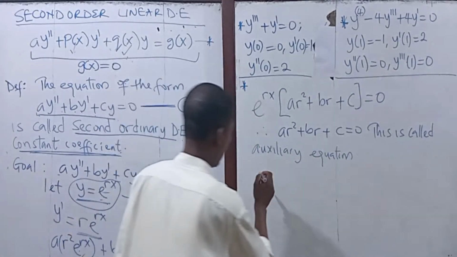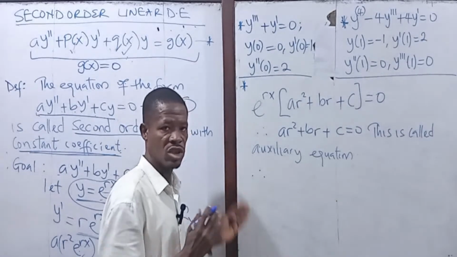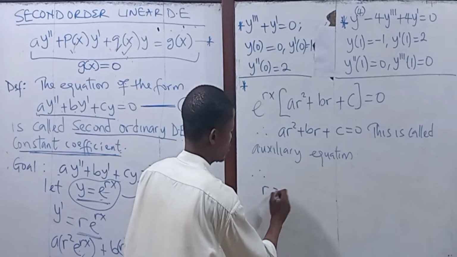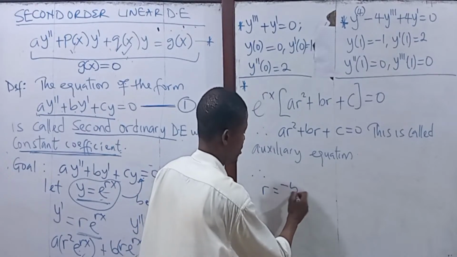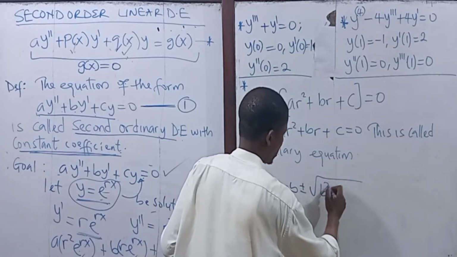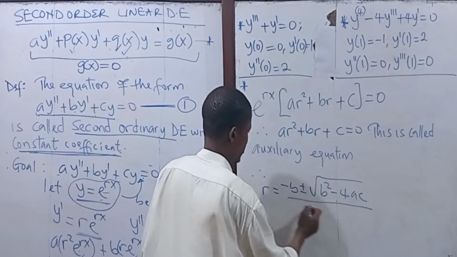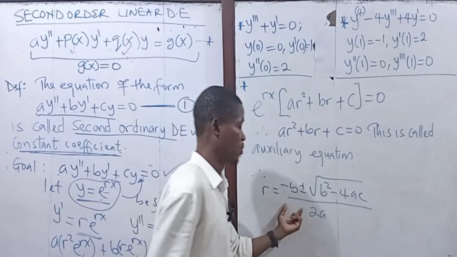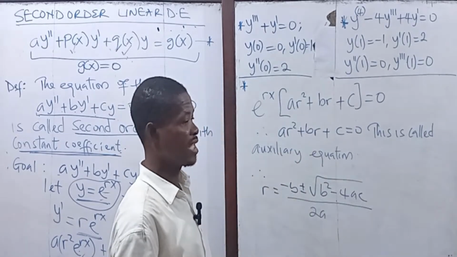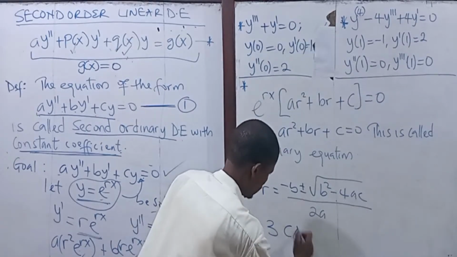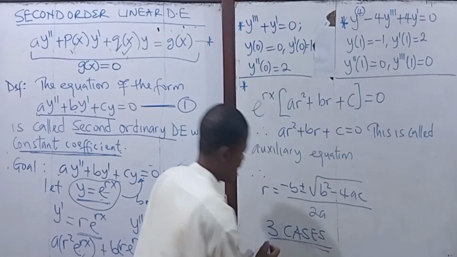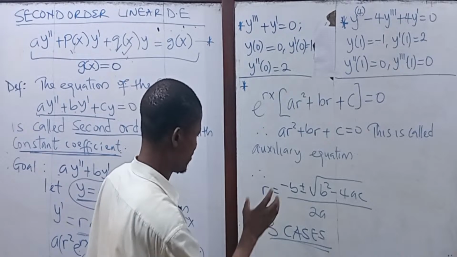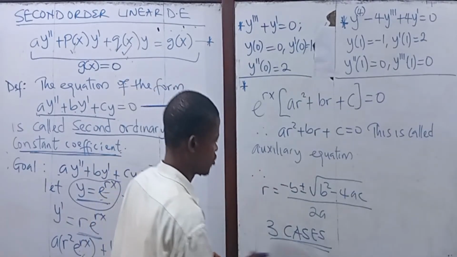Don't forget, to solve a quadratic equation, r is equal to minus b plus or minus the square root of b squared minus 4ac, over 2a. For us to solve this auxiliary equation, we use the quadratic formula and consider three cases to get the roots.